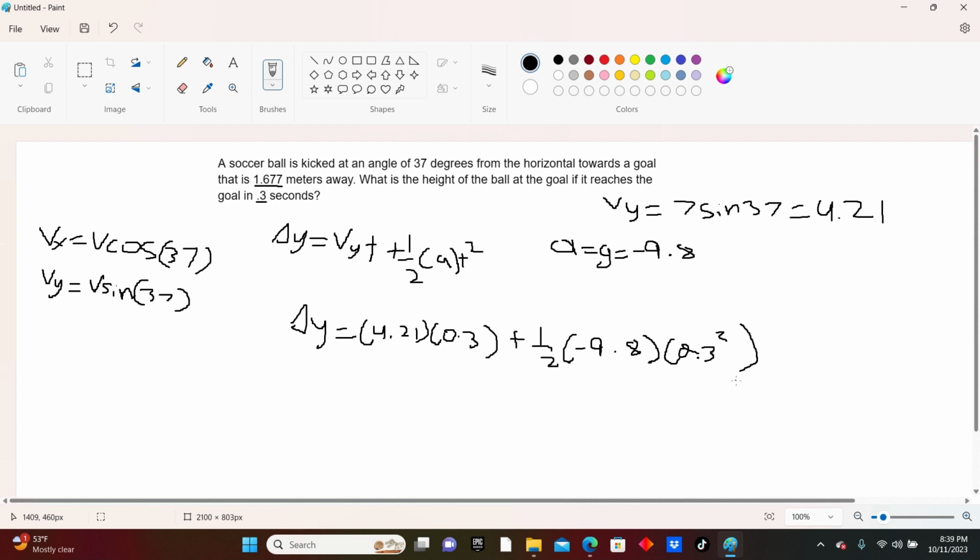And if you plug all of this into a calculator, you get about 0.822 meters. So delta y equals 0.822 meters. So that's our answer. So let's move on to the next question.